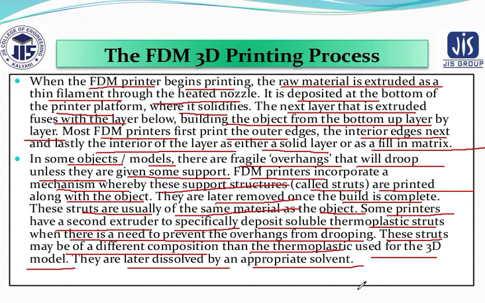Later, once it is built up, the support or strut is removed from the object. Or you can dissolve the product in an appropriate solvent to remove these struts, which are made of a different composition than the thermoplastic.